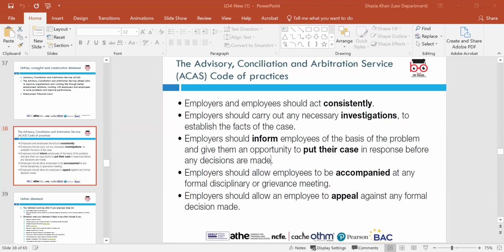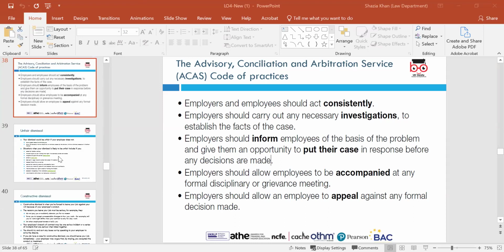So, employers and employees should act consistently within the codes of practice. They should inform, investigate, and put their cases forward, and they should be accompanied if there's any sort of formal disciplinary or not.